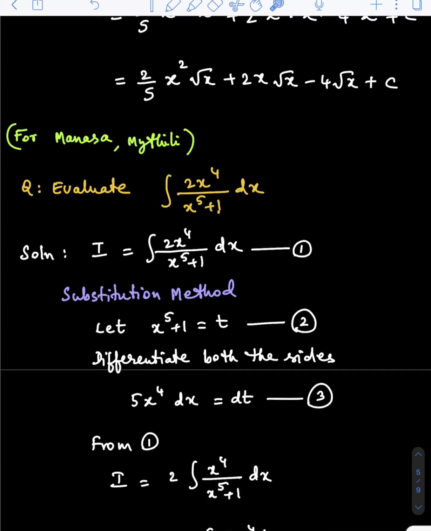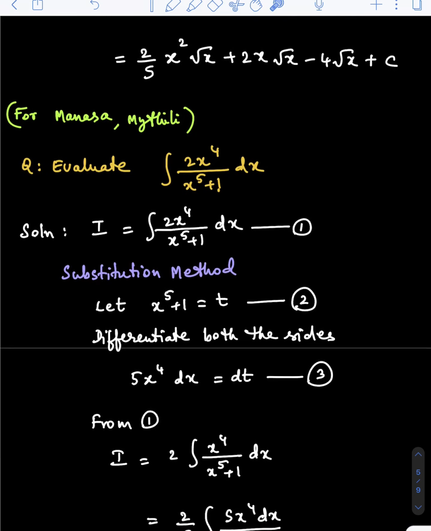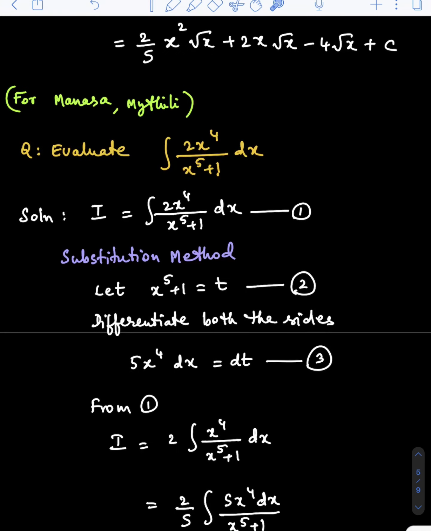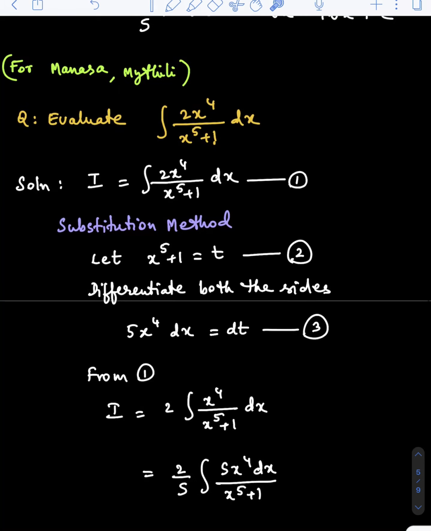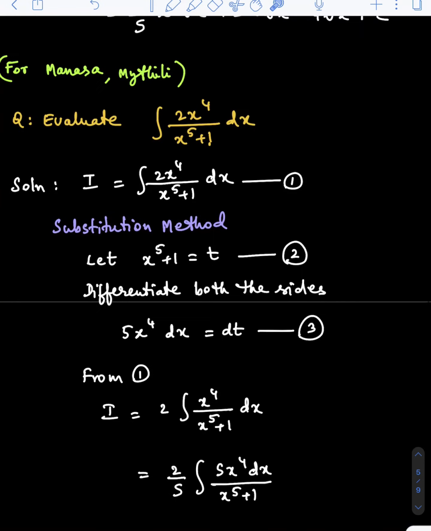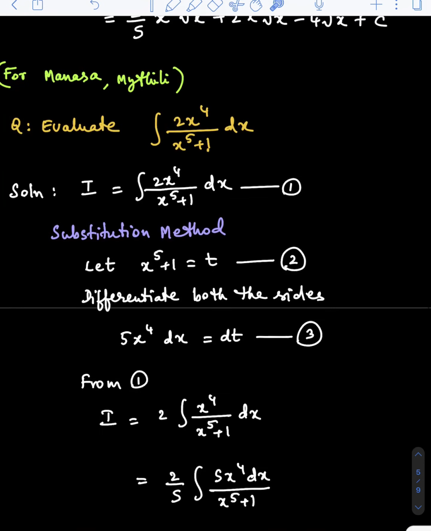So here also I have given numbers 1, 2, 3. So from 1, take the repeated equation. 2 is coming outside. 2 integral x power 4 by x power 5 plus 1 dx. And in substitution, after differentiating, we got in equation 3. What did you observe? Equation 3, you got 5x power 4 there.